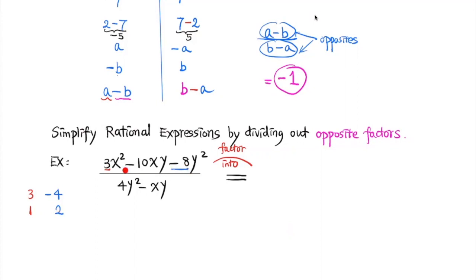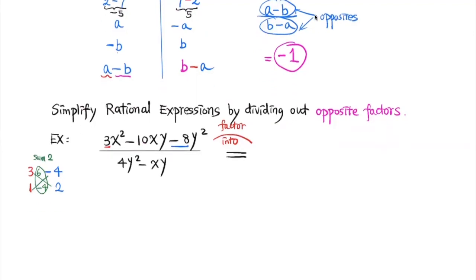However, we also want the middle coefficient to match. So we cross multiply. 3 times 2 makes 6. 1 times -4 makes -4. When we sum this up, we get 2, which is not the same as the coefficient in the middle term. So we have to adjust this.